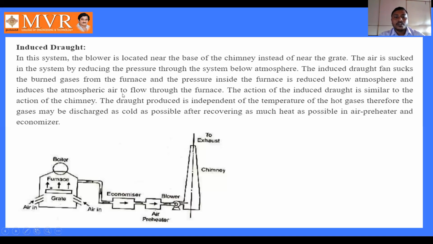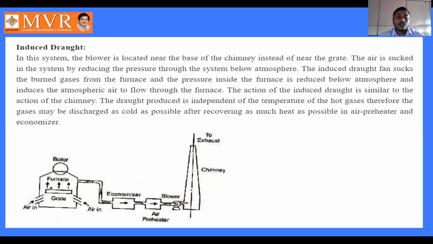The induced draft fan is going to suck the burned gases from the furnace, and the pressure inside the furnace is reduced below atmosphere, inducing atmospheric air to flow through the furnace.